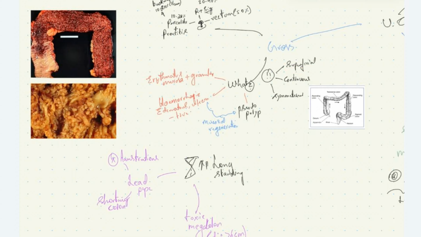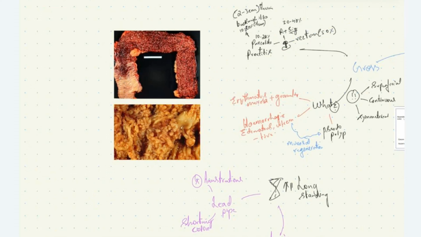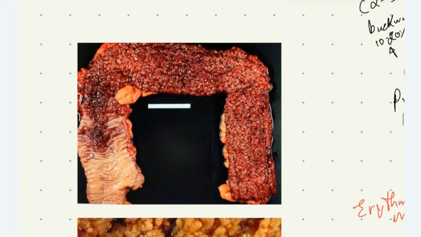You can see the lesions are continuous and they are symmetrical. So we can see hemorrhagic edematous ulcerative lesions, which you can see here. This is the normal mucosa, this is the diseased mucosa.